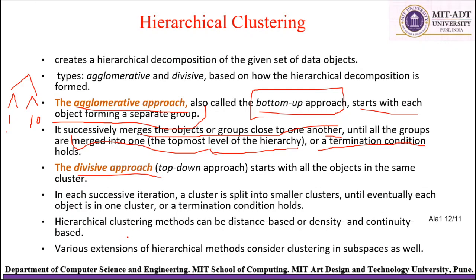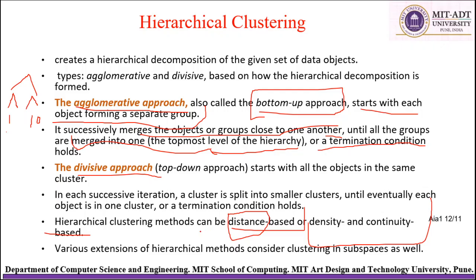Now the hierarchical clustering methods can use distance based, density based or continuity based measures. That means we can use any of these three for identifying the similarity between the data objects, and based upon that we will have the clusters forming. For example, distance based will use the Euclidean distance.